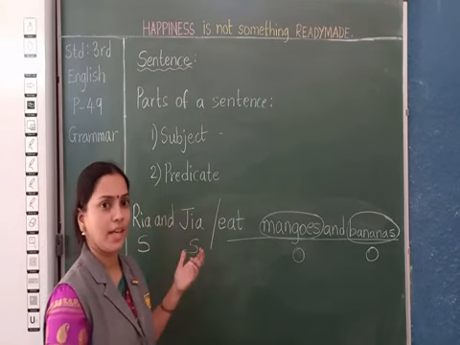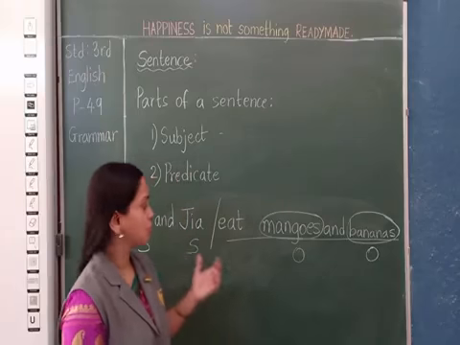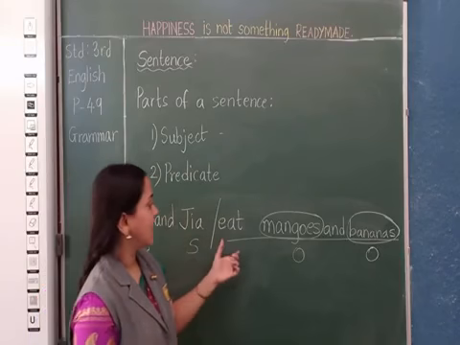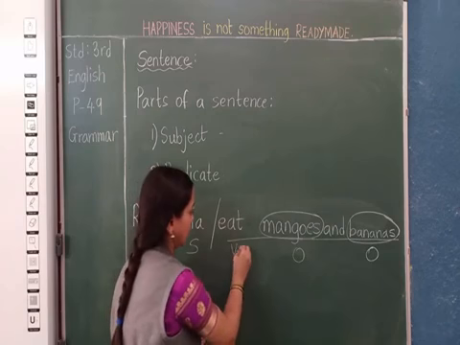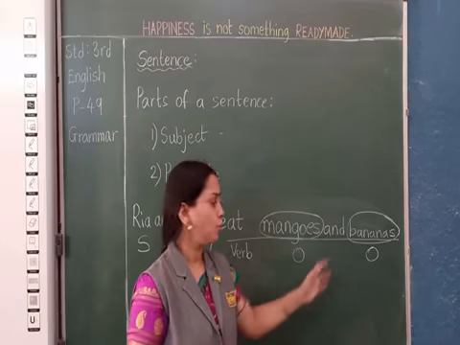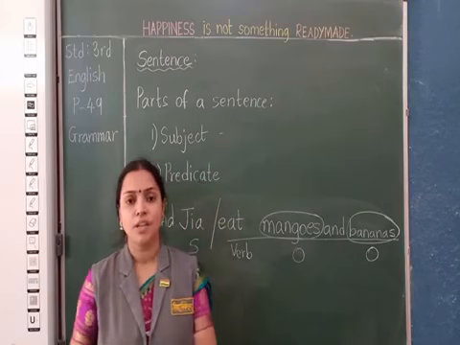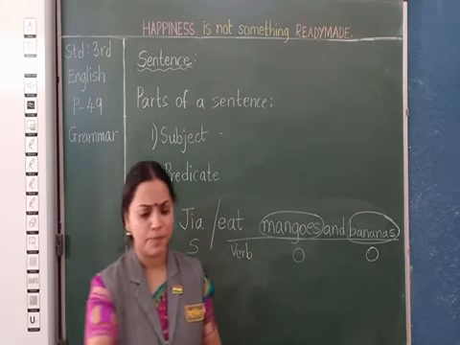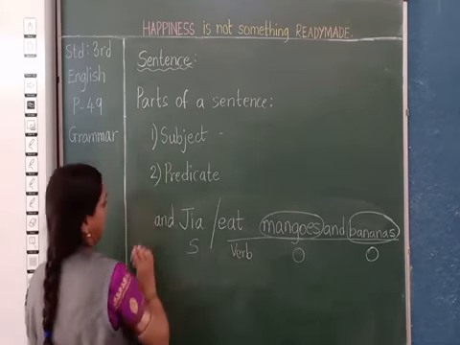They both are eating. So Riya and Jia are the doers of the action, so our subject will include Riya and Jia both. Eat is the verb, and mangoes and bananas, there are two objects in this sentence. So in this way we can have many more examples. Now let us take some other examples.